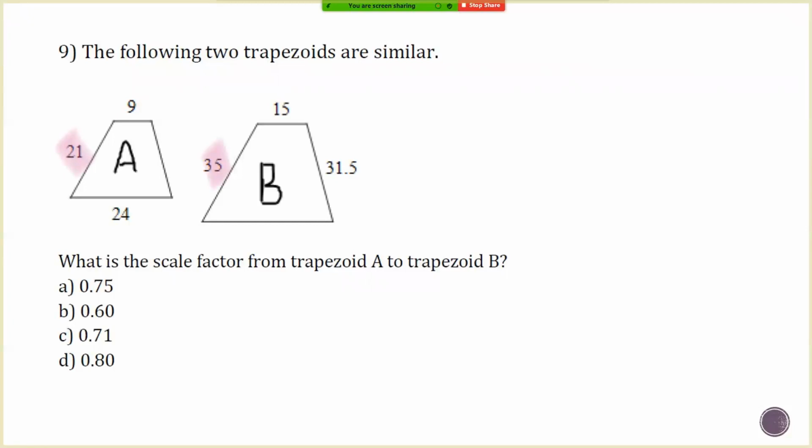So when I make my fraction, I need to take trapezoid A side length, which we just said was 21, divided by the side length of trapezoid B that corresponds, which is the 35. And I'm just going to take 21 divided by 35 in my calculator. And what's it tell you? 0.6. 0.6, which is letter B.